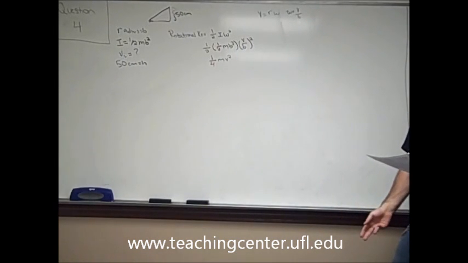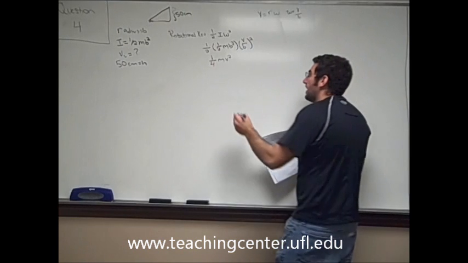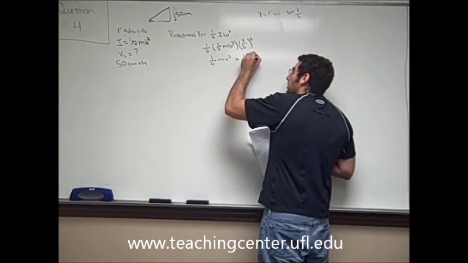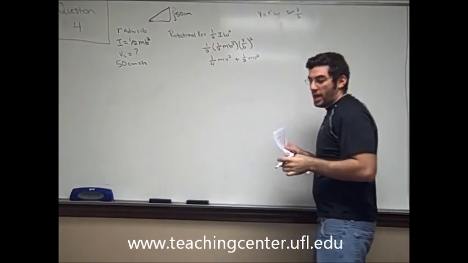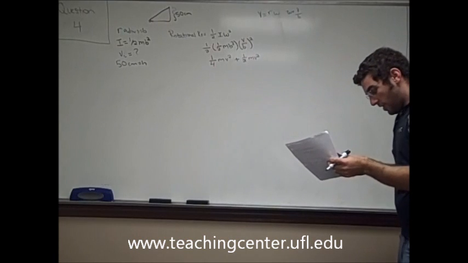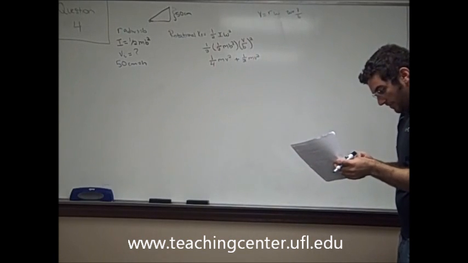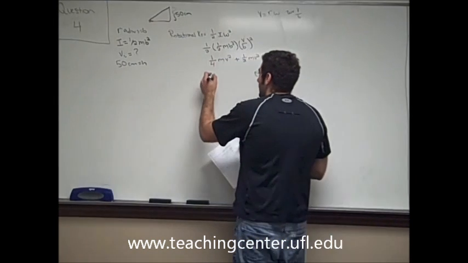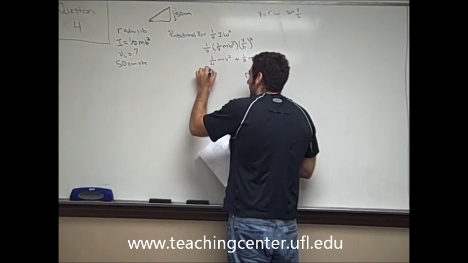Once we have the 1/4 mv squared, we still have to add it back to our original 1/2 mv squared. So 1/4 plus 1/2 gives us 3/4 mv squared as our kinetic energy.